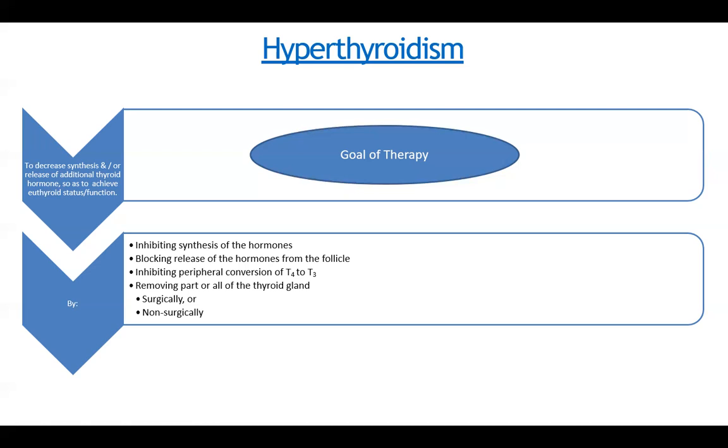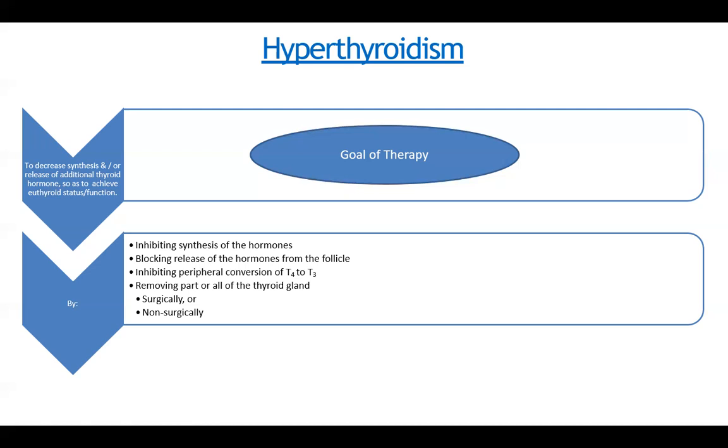Okay, so what's my goal of treatment? My goal of treatment is to inhibit the synthesis of the hormone. That's one of my goals. Either I'm looking at the synthesis or I'm looking at the release. If I can't release, I don't have the hormone in my circulation. So inhibiting the release is a good thing.